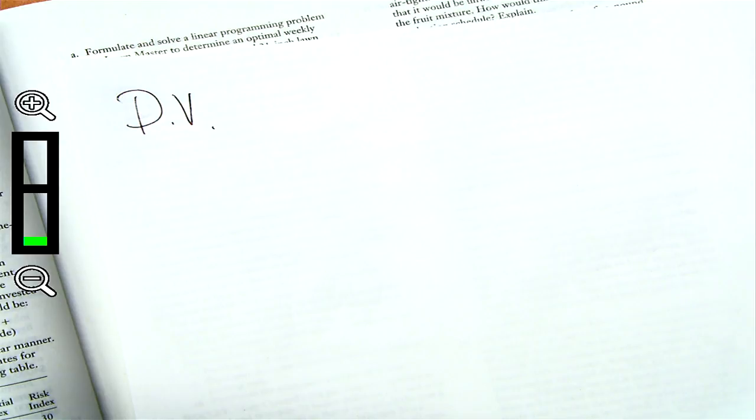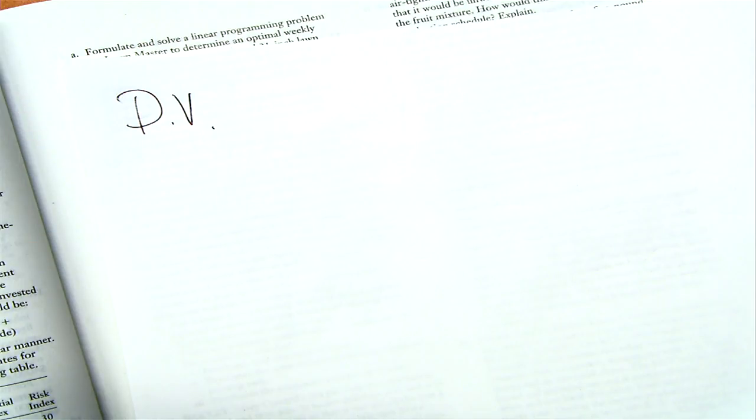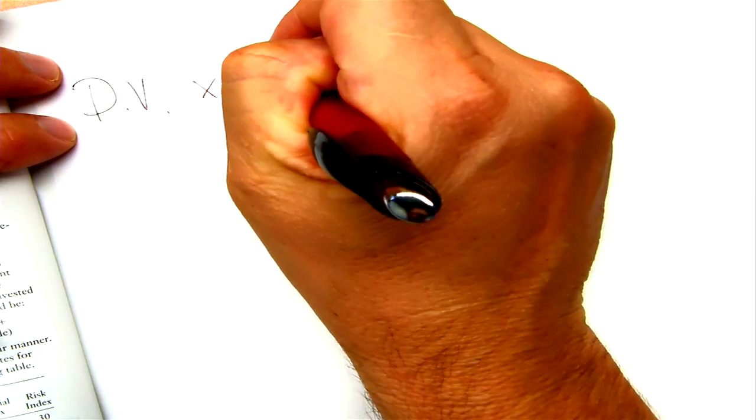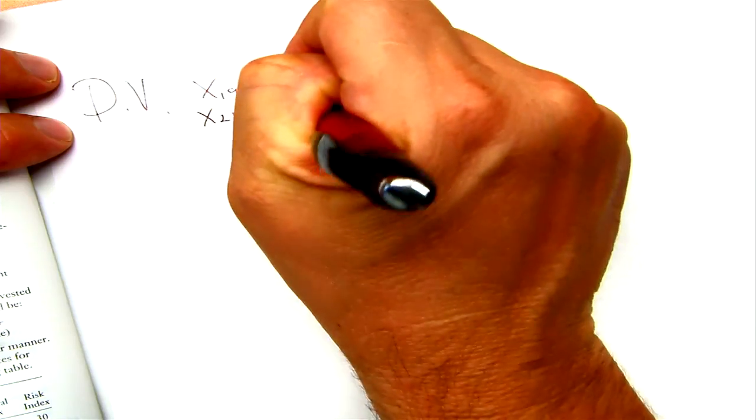What would they be? We're deciding on 19-inch or 21-inch. And so I'm going to get fancy. I'm going to say X sub 19 are the 19-inch mowers. And we'll say X sub 21 are the 21-inch mowers.